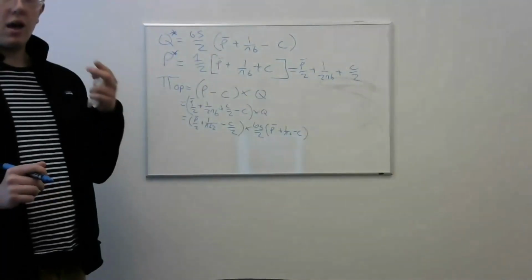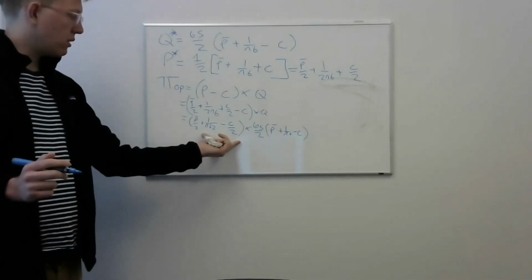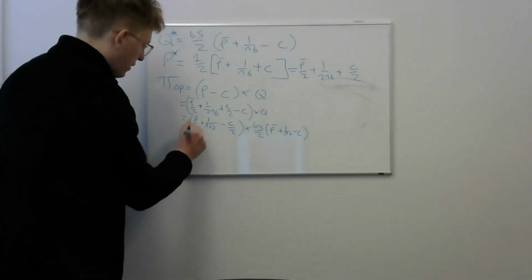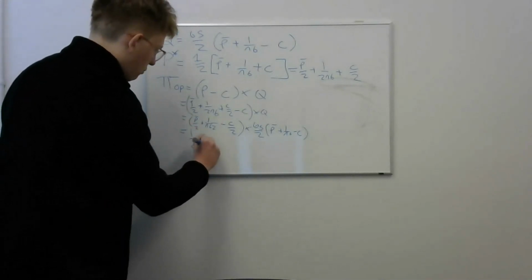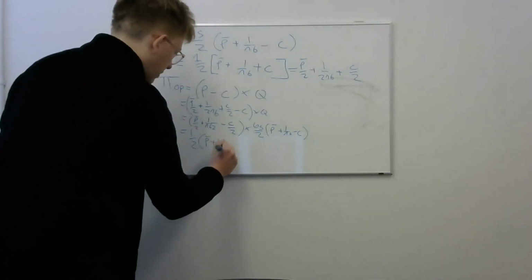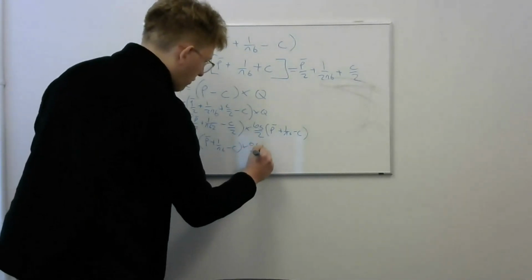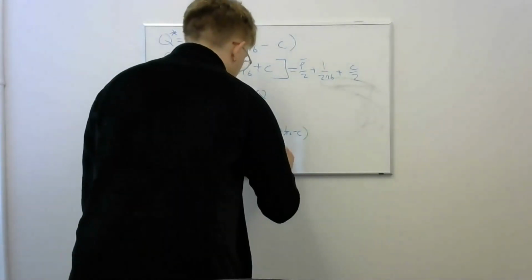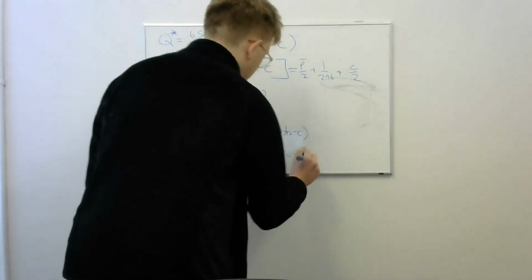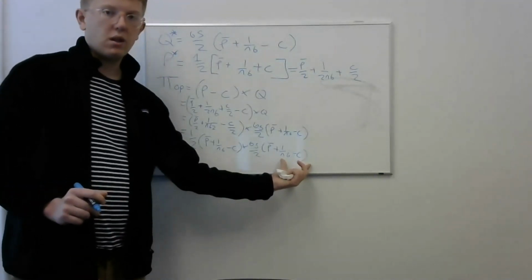Okay. And so now for this first term, each of these terms is multiplied by 1/2, so I'm just going to pull out 1/2. What that will leave me with is half times P bar plus 1 over NB minus C times BS over 2, again, times P bar plus 1 over NB minus C. Note that these terms are identical.